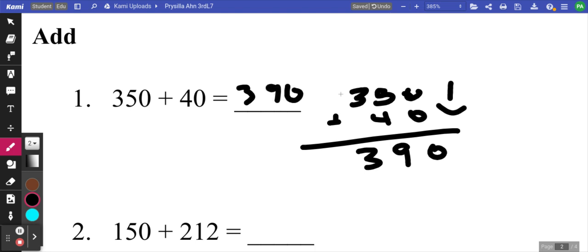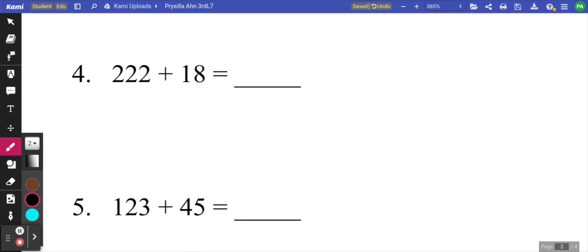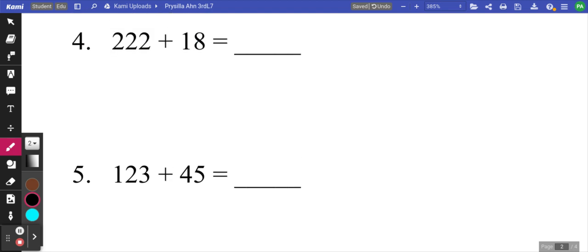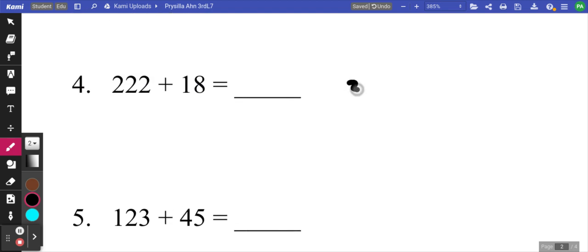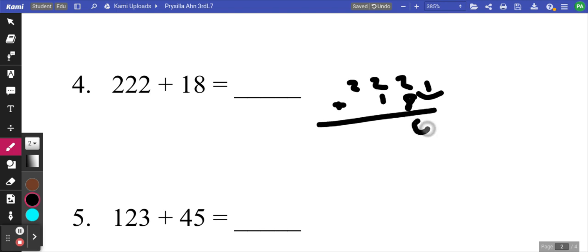But something a little harder, for example, like number 4. 222 plus 18. So when you add down, you're going to get 2 plus 8 is 10. And as you know, with 10, you're going to bring the 1 to the other side. So first you're going to put a 0 here. You're going to bring the 1 to the 10s.